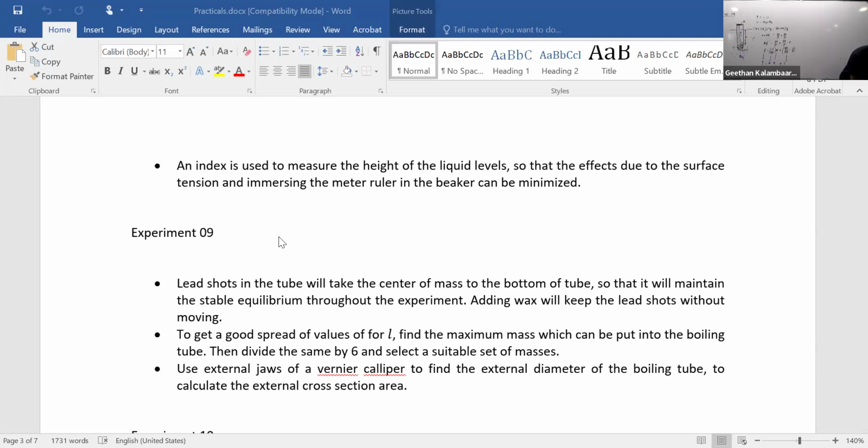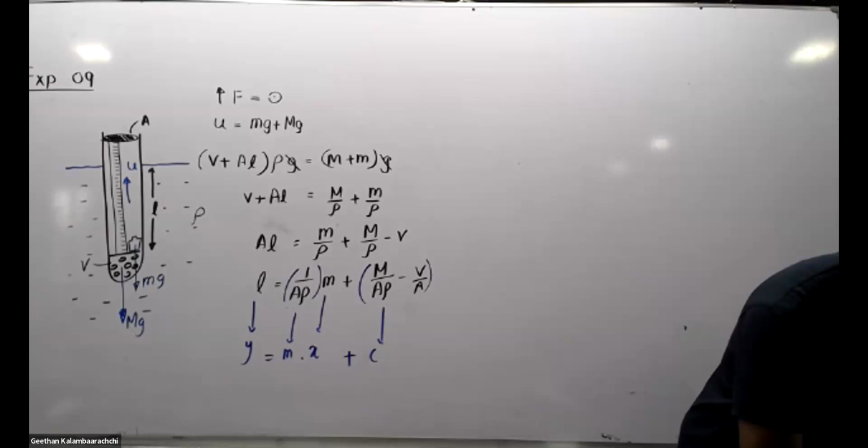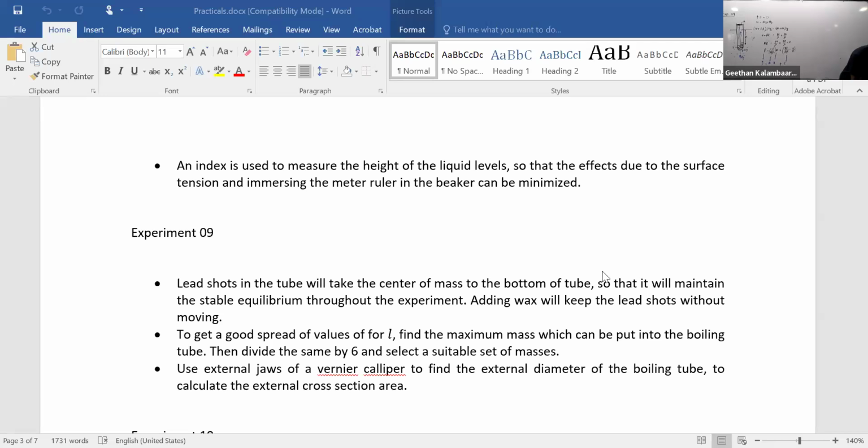Then divide the same by 6 and select a suitable set of masses.